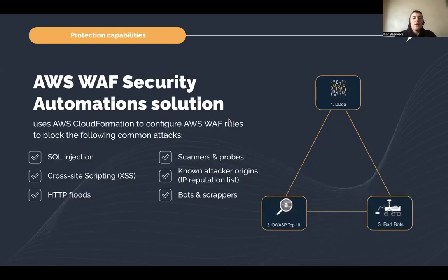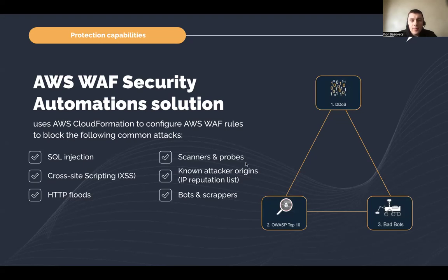So if you're talking about AWS WAF rules that we can get out of the box, these are the SQL injection rule, cross-site scripting. Then we have HTTP flood prevention, scanners and probes that we already discussed.